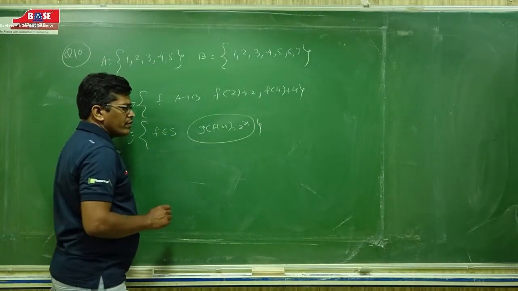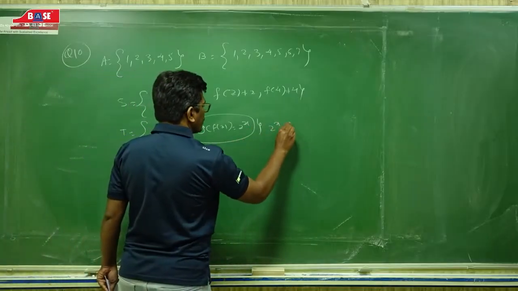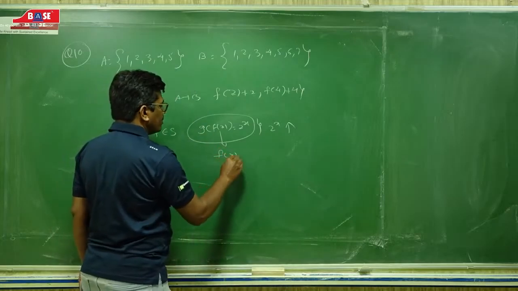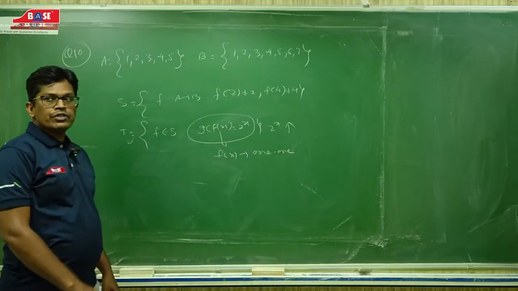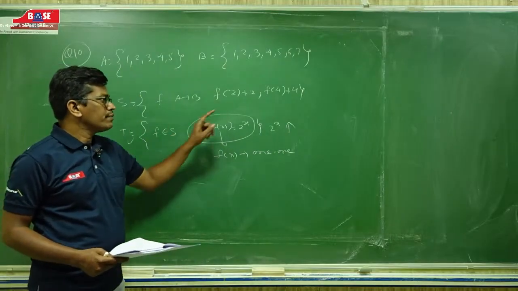From this, g of f of x equals 2 power x, here 2 power x is an increasing function. That means compulsorily f of x must be a 1-1 function. So now the question is, we have to find the number of 1-1 functions with the conditions.